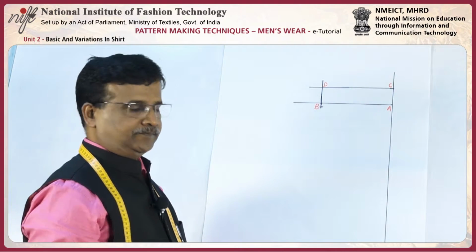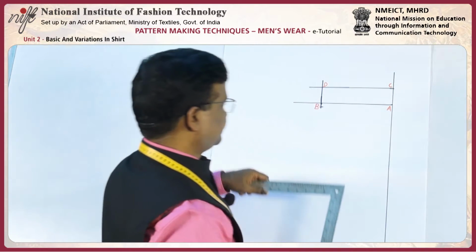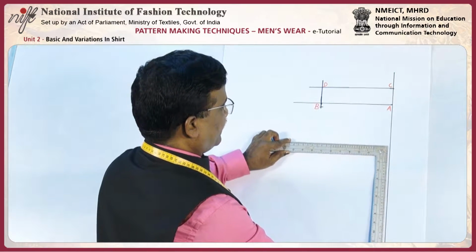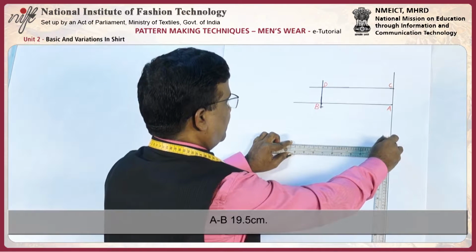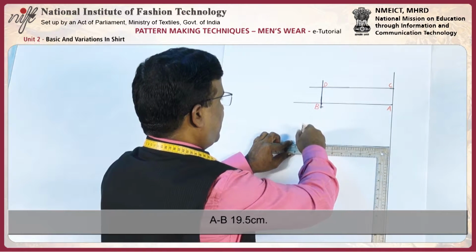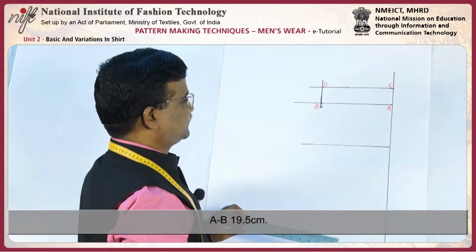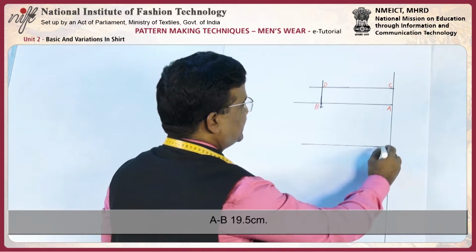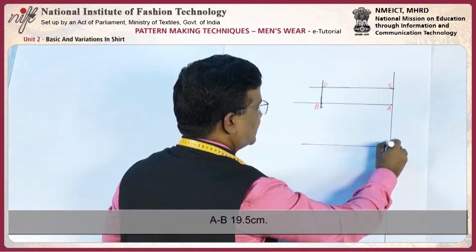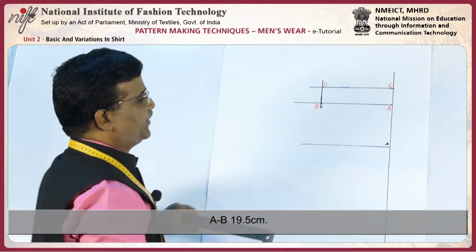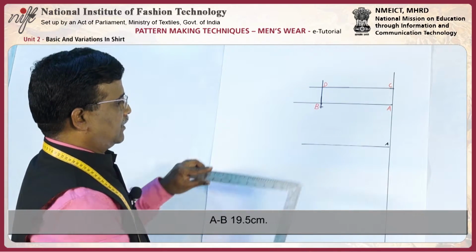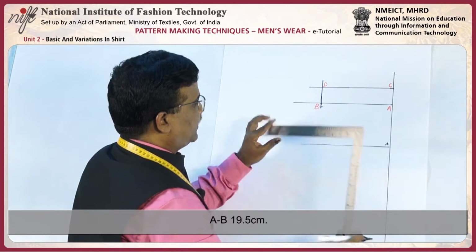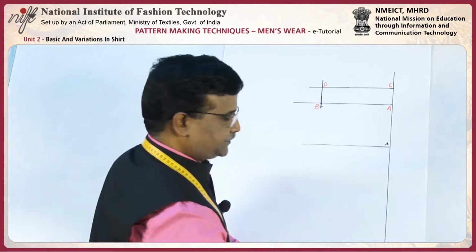Drafting shirt collar. Draw a perpendicular line and label this as A. A to B, half neck, 19.5 centimeter.